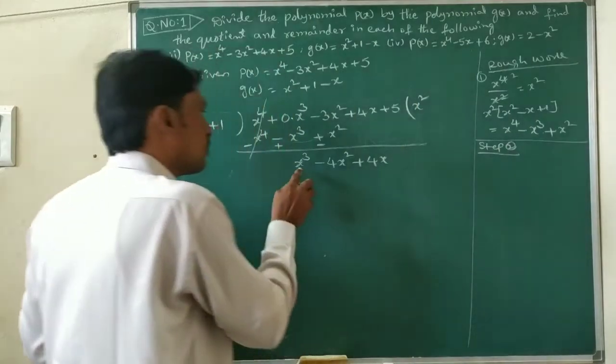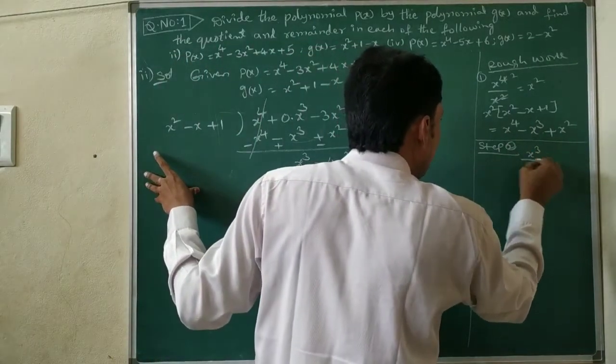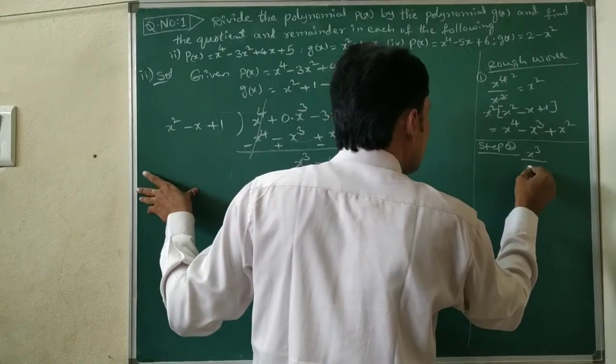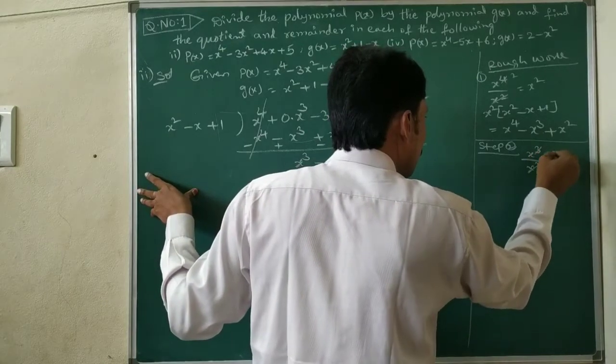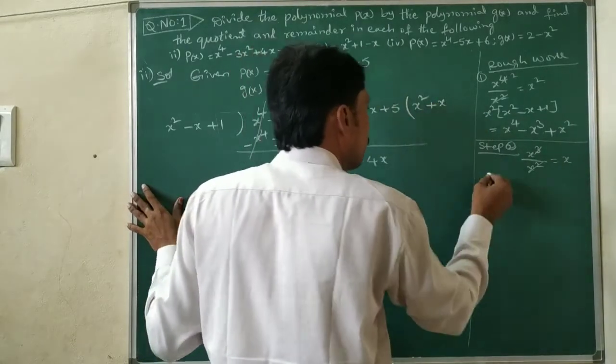In this, x cube divided by the first term of the divisor, x square. X square cancels, so we get only x, that is plus x.